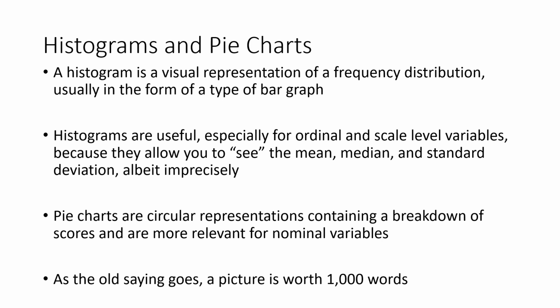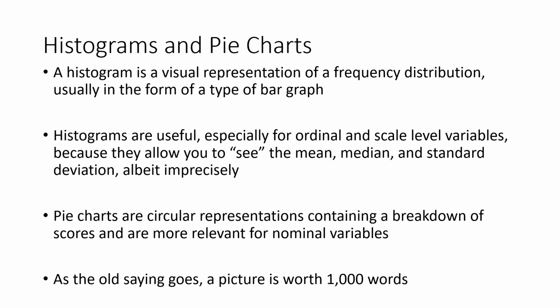You'll recall that histograms and frequency distributions are most relevant for ordinal and scale level variables that can be rank ordered from top to bottom. And this is because they allow you to see visually the mean, the median, and the standard deviation. Not very precisely, right? If you want precise information, you're going to have to look at those statistics, the actual number for the mean, the median, and the standard deviation.